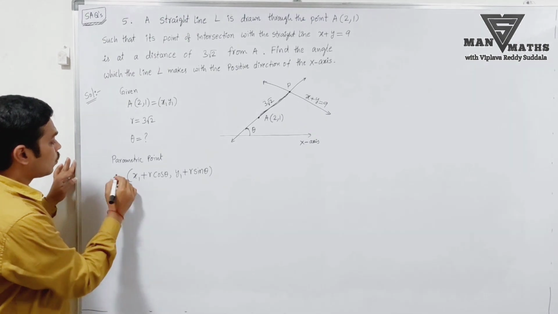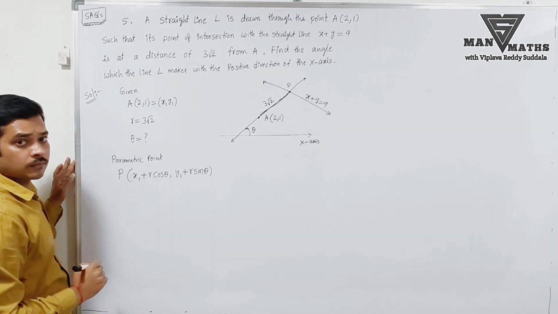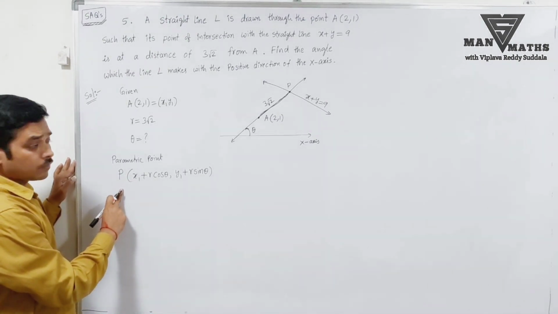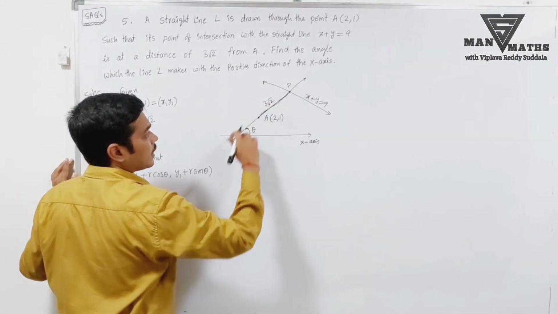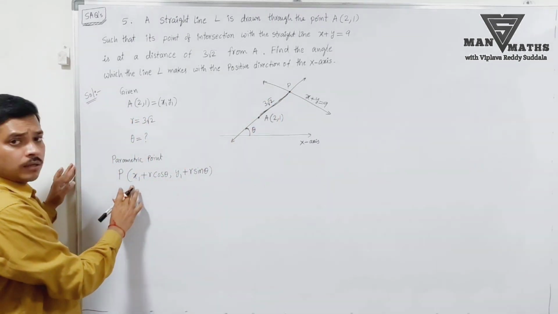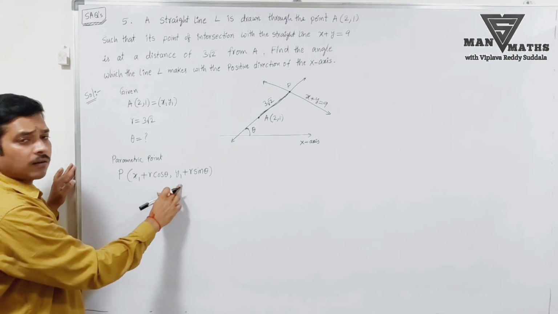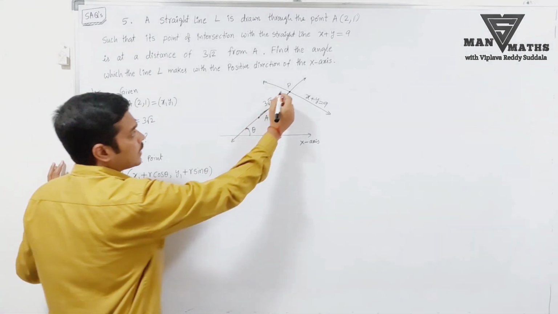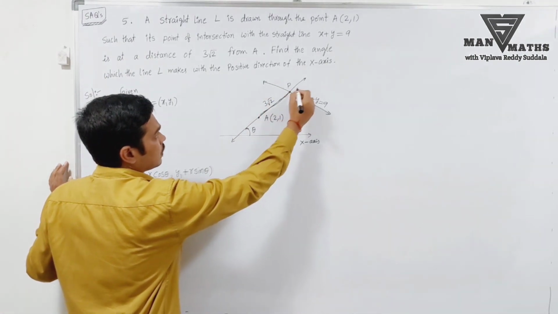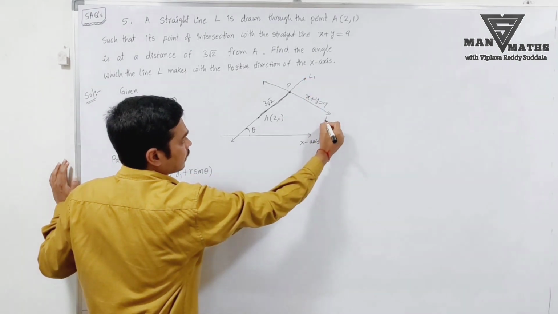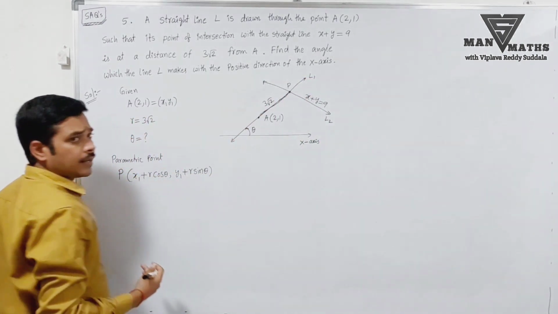This is the coordinates of P. Why? Because on this line, each and every point is in the form of (x1 + r cos θ, y1 + r sin θ). P is the point of intersection of the first line and the second line, so P also lies on the first line.